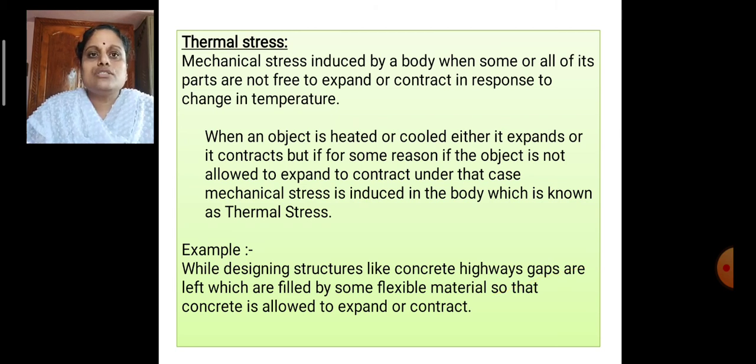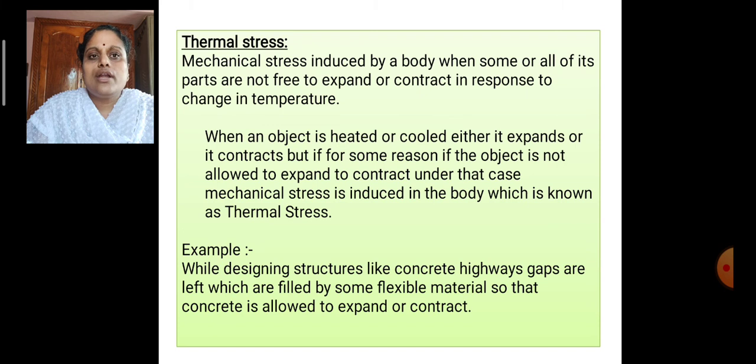Now coming to the concept of thermal stress. Mechanical stress induced in a body when some or all of its parts are not free to expand or contract in response to change in temperature is called thermal stress.